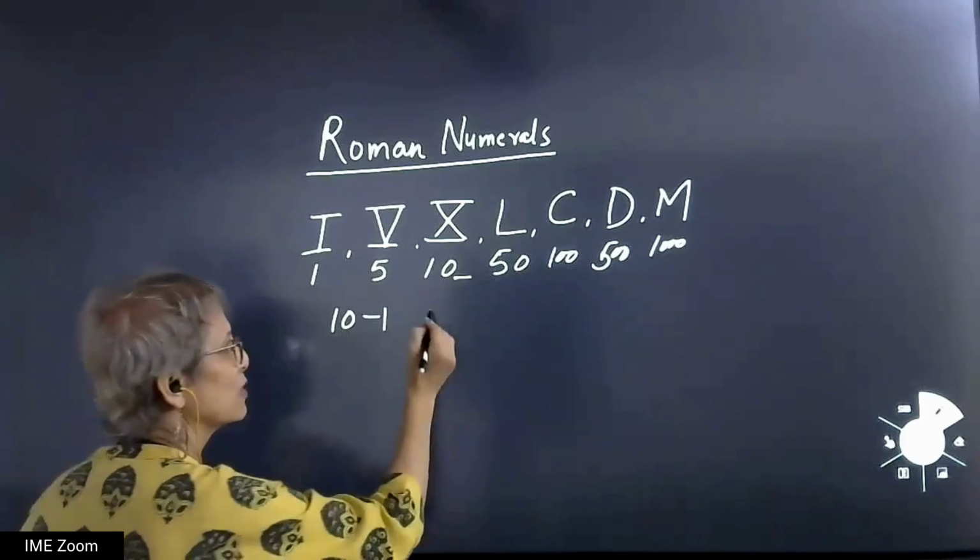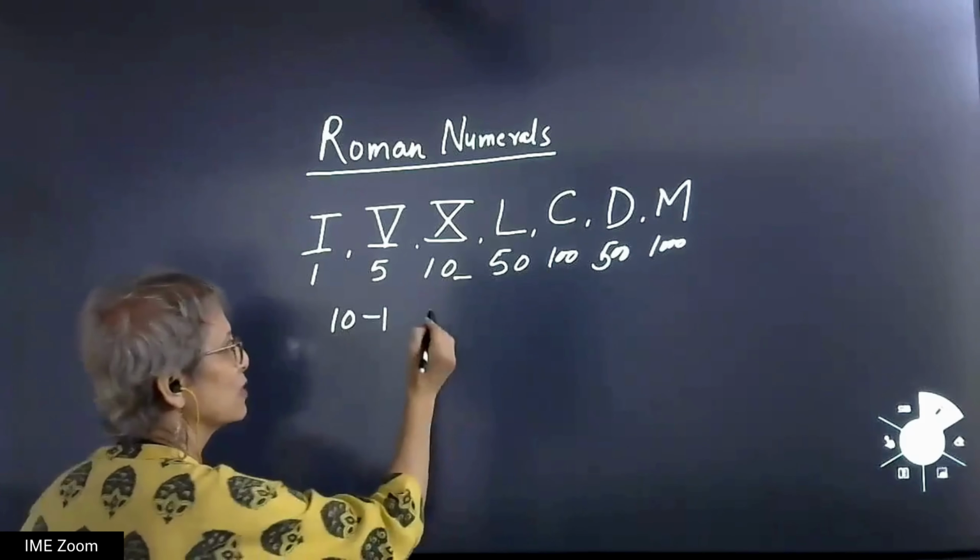Okay. Then an important thing. This I is written before X and before V, but we cannot write it before L, C, D and M. That means we cannot write 49 as IL.